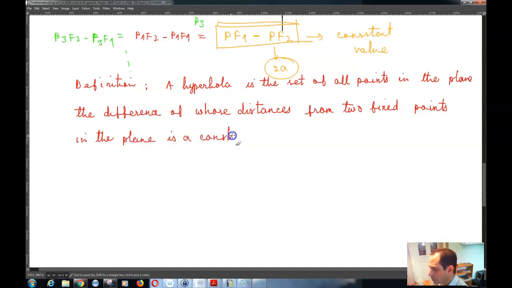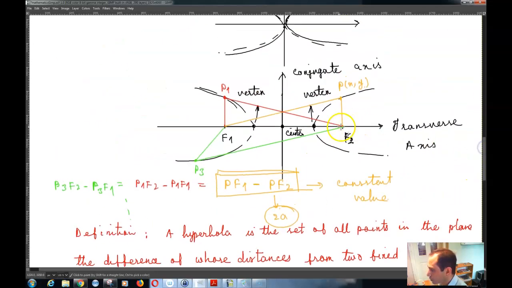And these two fixed points are actually these two points over here, which are the foci of your hyperbola.